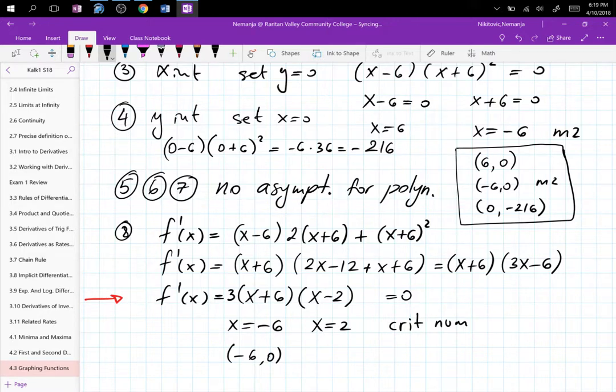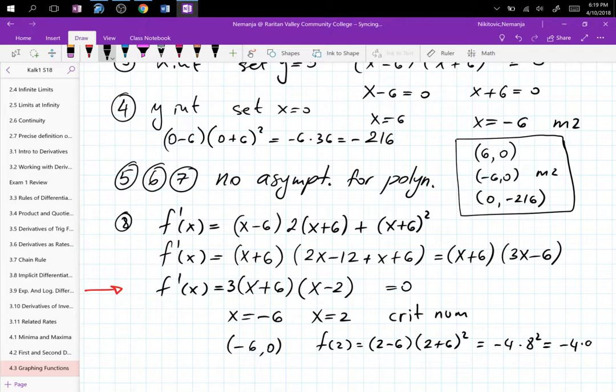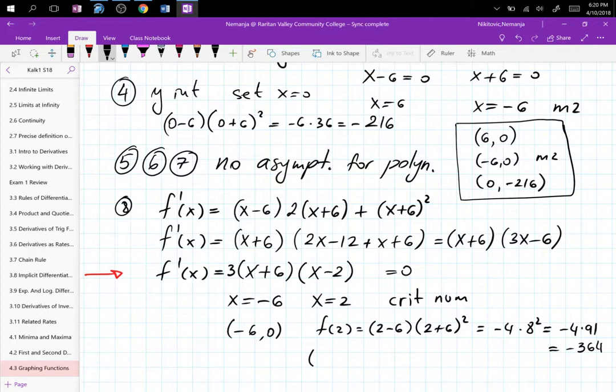Now x equals 2 is going to give you f computed at 2, which is 2 minus 6, and then 2 plus 6 squared, which is negative 4 times 8 squared, which is negative 4 times 64. And when you multiply that, that's negative 256. So we have another critical point at 2.